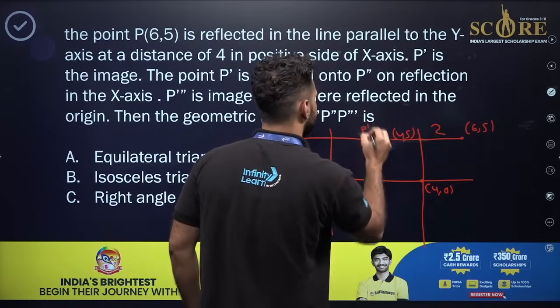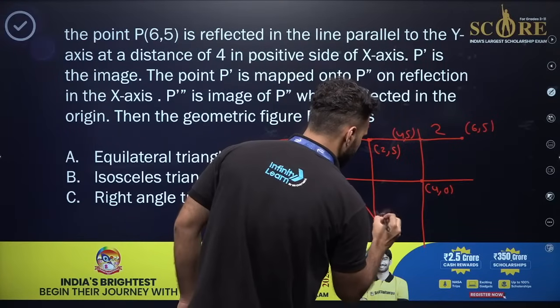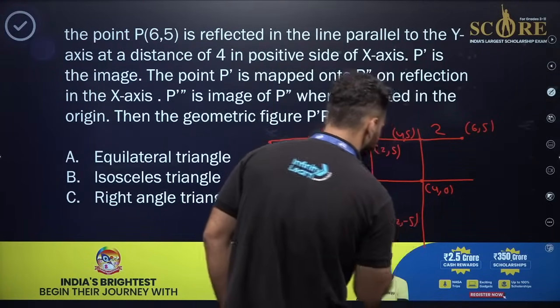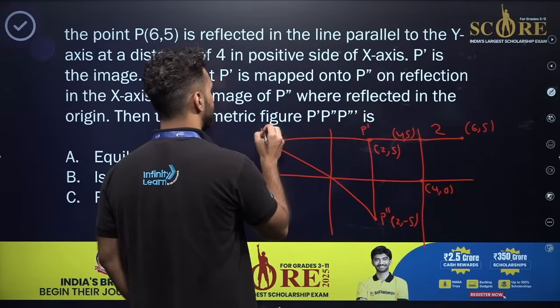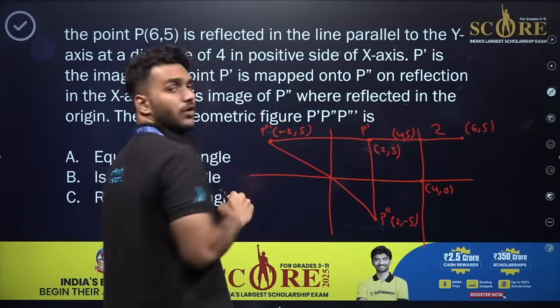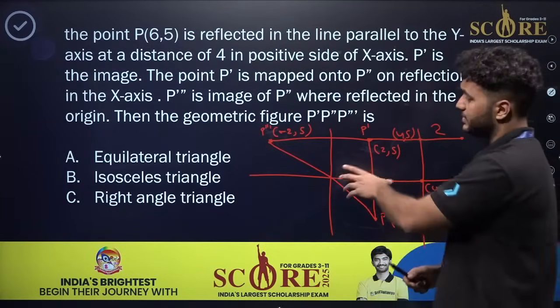This is our P dash, 2 comma 5. P double dash coordinates are 2 comma minus 5, and this is our P triple dash, minus 2 comma 5. Now right angle, but what is the guarantee, sir? What is the guarantee this is the right angle?